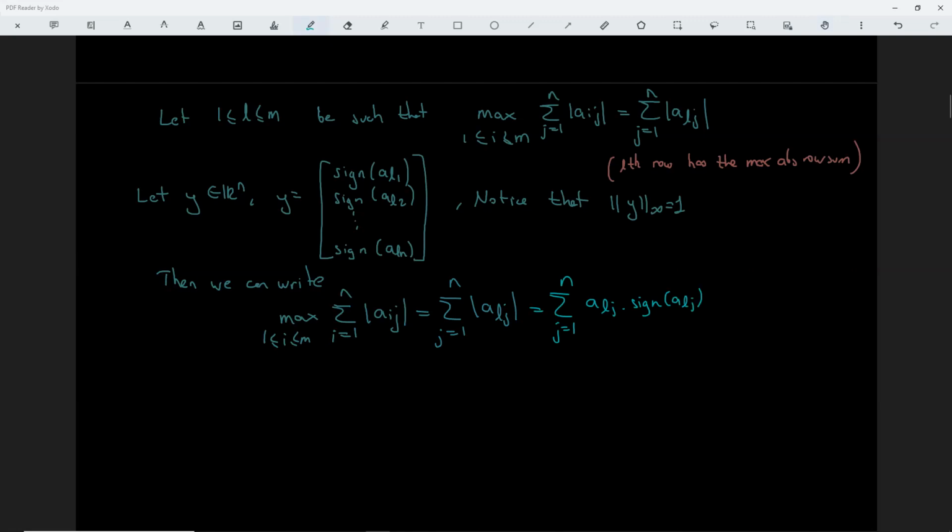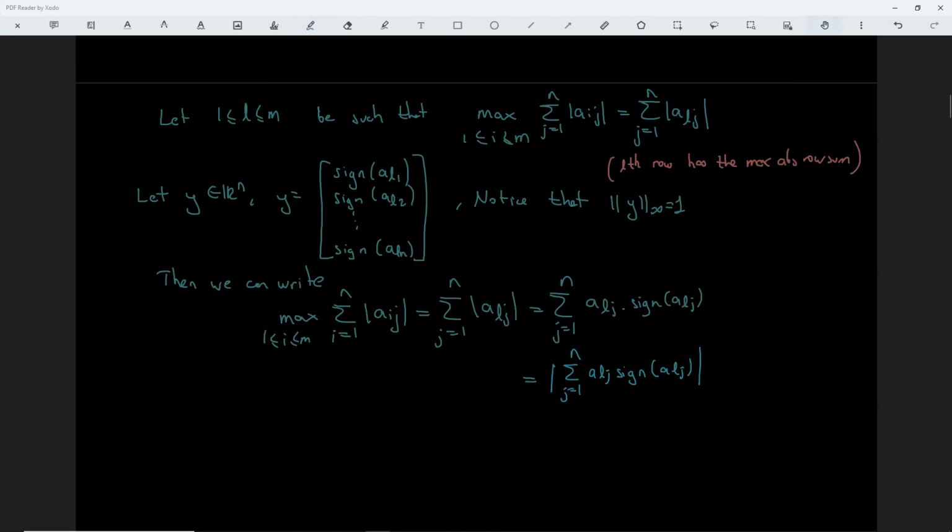Okay. And that way, since all of these numbers are going to be positive numbers, I can say that will be equal to the sum over j from 1 to n of a_lj sign of a_lj in absolute value.